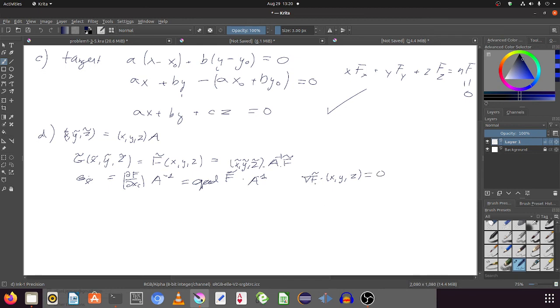Where the gradient is evaluated at the point x naught, y naught, z naught. And then we can just insert A inverse and A. And this is grad g with respect to the tilde coordinates times x tilde point, y tilde point, z tilde point. So it was just the chain rule.